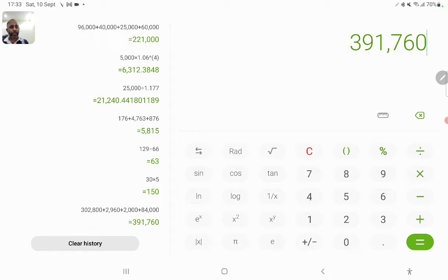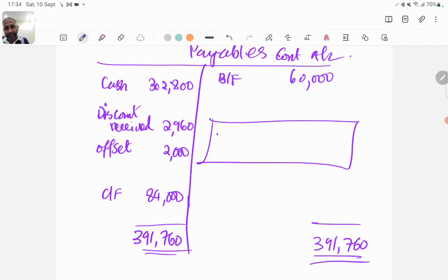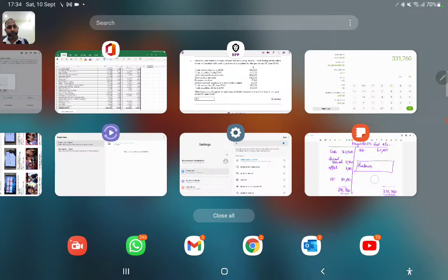This gives you the total 391,760, and that will be the same here, 391,760. So the balancing figure will be purchases, 391,760 minus 60,000, 331,760.